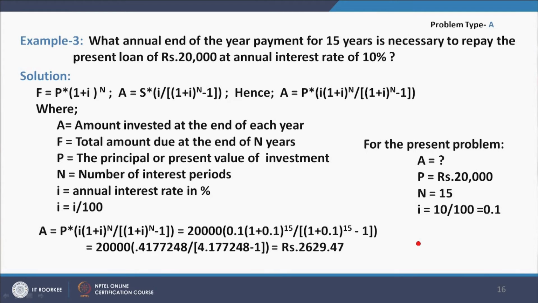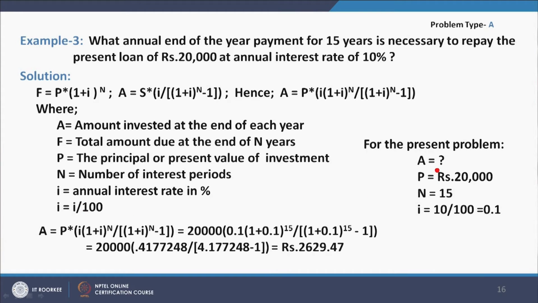A is the annuity, A is equal to P times this value, where A is the amount invested at the end of each year, F the total amount due at the end of n years, P the principal or present value of investment, n the number of interest periods, I the annual interest rate in percentage, and when I is used in the formula, I had already told you that it is used as a fraction, so I divided by 100.